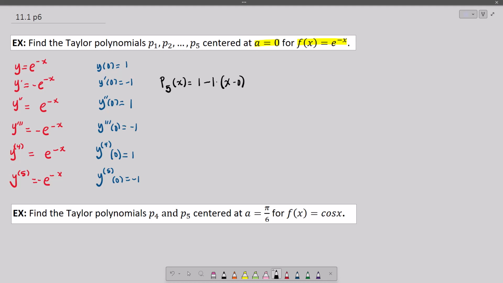If it helps you to write it as x minus 0 so you see that center, do it. If you don't have to, then you don't need to. So right there, this is P sub 1. P sub 1 of x is 1 minus x. So that's the tangent line, the best linear approximation.